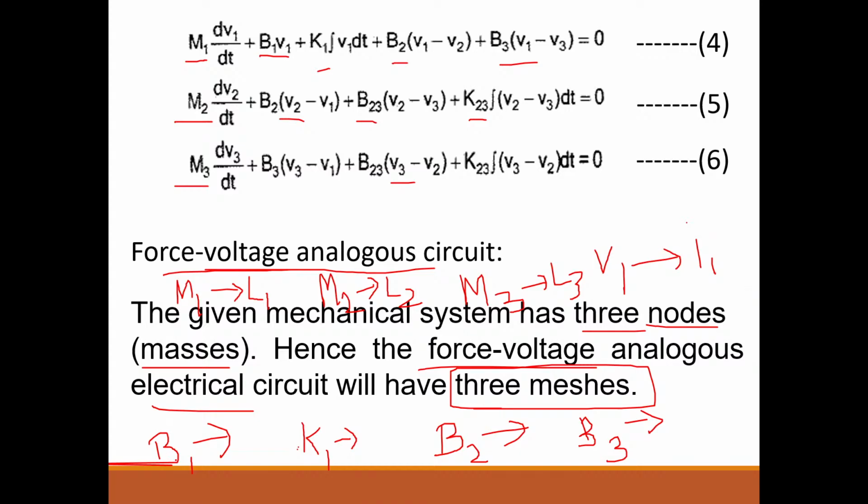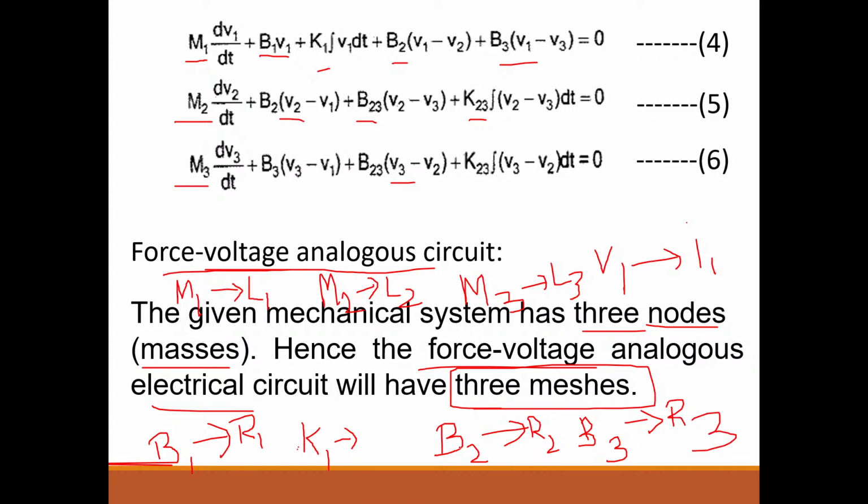Now B1. R is analogous to B. So B1 can be replaced in your electrical system with R1. B2 can be replaced by R2, and B3 can be replaced by R3.